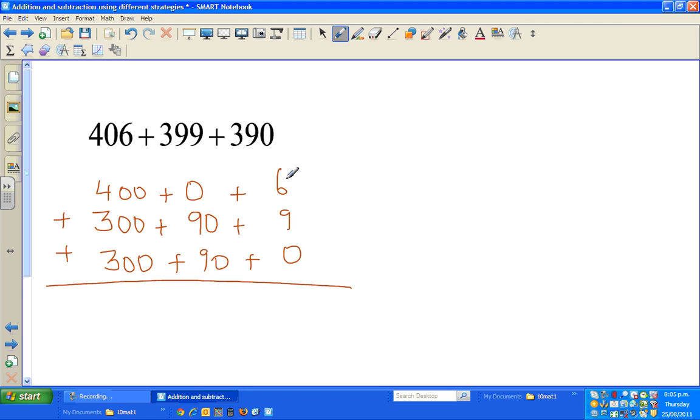Now simply add 6 plus 9 is 15, so you write a 5 here and you take the 10 over. So this is 10 and 5 is 15. Now 90 plus 90 is 180, and 180 plus 10 is 190. So put the 1 hundred over and put a 90 here, because this is the tens place. You can't write 190 here because this is only tens.